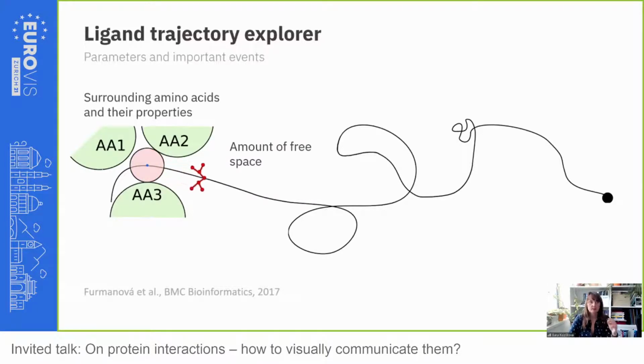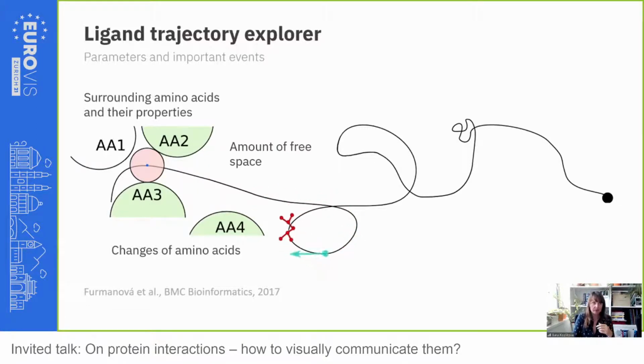Another property was that when the ligand is moving, some of the amino acids which played a significant role within the transition process disappear, like this amino acid number 1. But on the other hand, there are other amino acids along the trajectory which start to influence and play a role in transferring the ligand into the active site, which is the black dot on the right side.